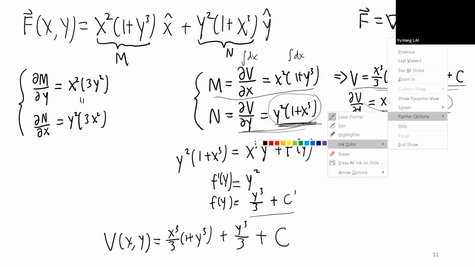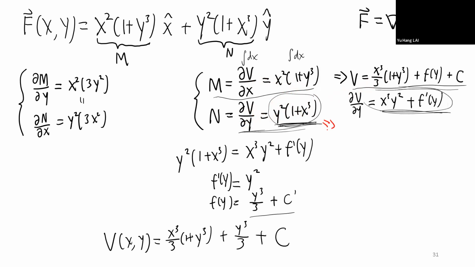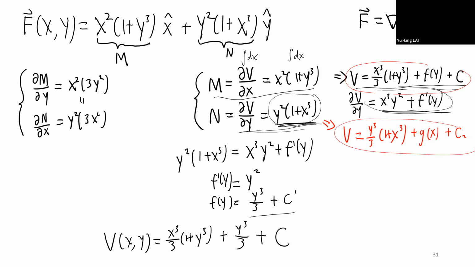If I try to integrate the second equation with respect to y, I would get this, but plus some unknown function of x, also plus some constant here. And now you said you want to add this and this together.